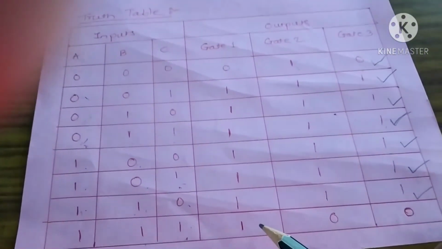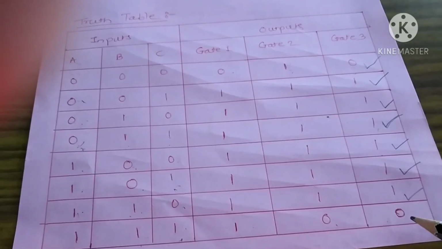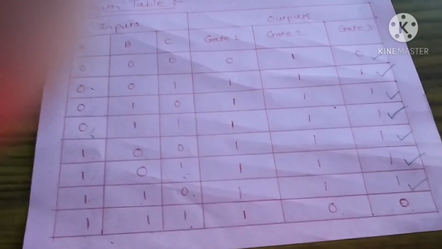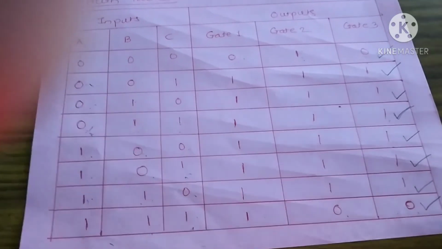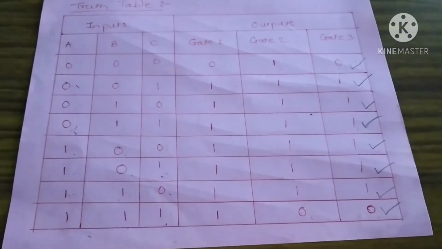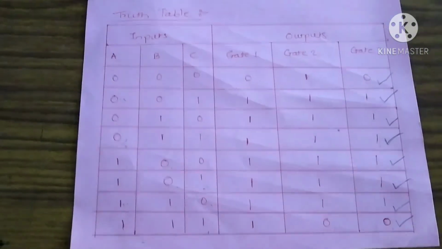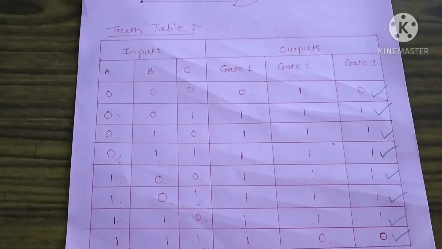So for 1 1 1, first gate output is 1, that is right, gate 2 output 0 and gate 3 output is 0. So last condition is also satisfied. In this way we have verified all the conditions for the given circuit diagram, and that is verified. So thank you.